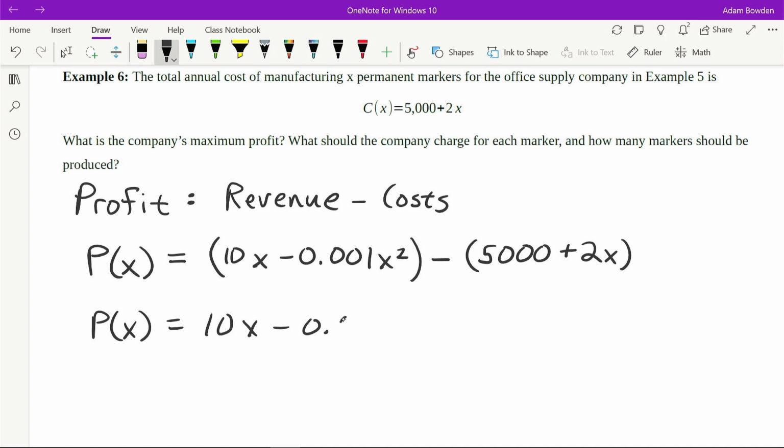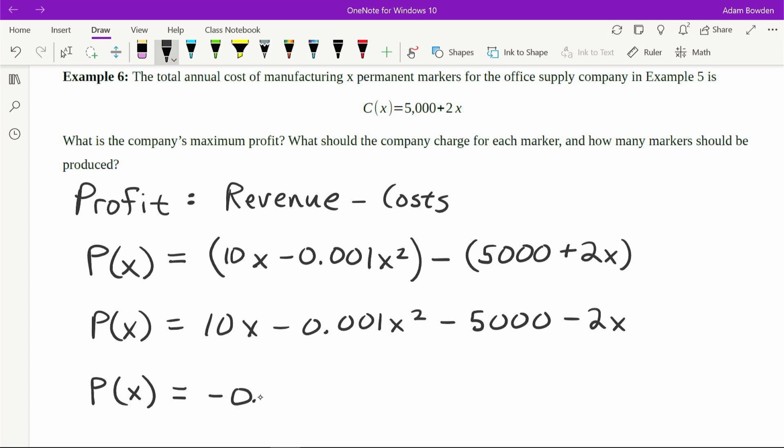All the first terms, minus 5,000 minus 2x. So profit P of x, we'll write that as negative 0.001x squared plus 8x minus 5,000.